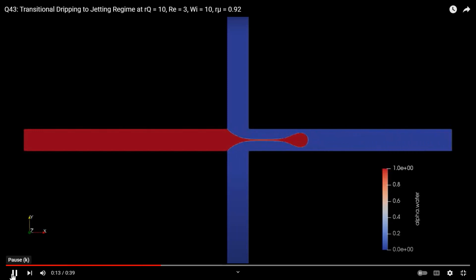You see, this is the jetting. Initially you had dripping. Everything is controlled by the flow rate. This is the dripping which is happening. You see this thinning is happening, a neck is forming, and then breaking of the neck is happening. But when you see this, a jet forms, and then that trickles and breaks.